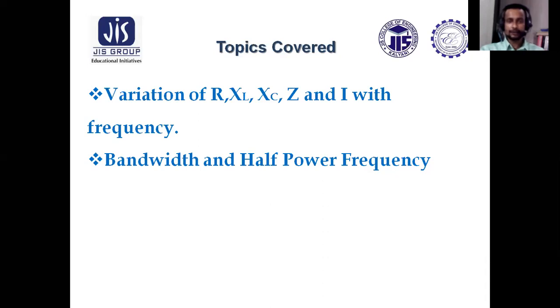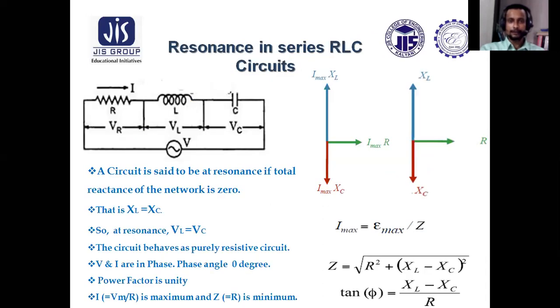So let us start with the basic concept of series resonance, which we discussed in the last class. Let us recapitulate this part once. At series resonance, the inductive reactance should be equal to capacitive reactance. So net reactance at resonance should be 0, and the circuit must behave as a purely resistive circuit.